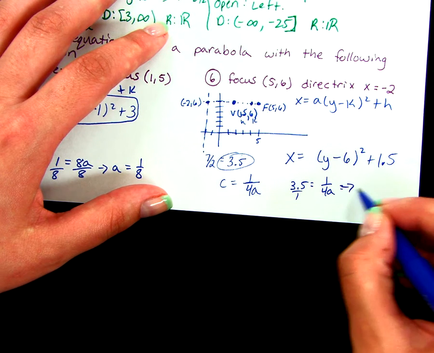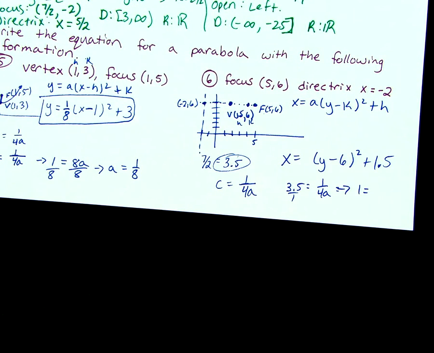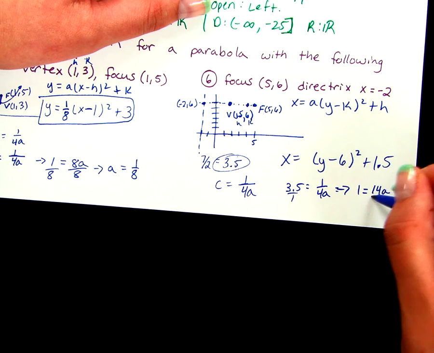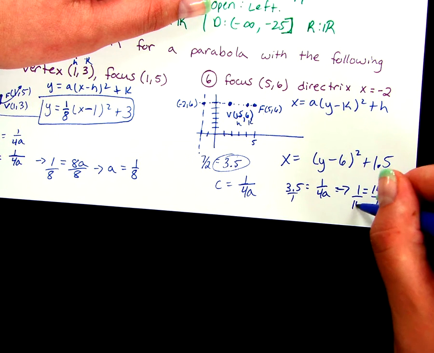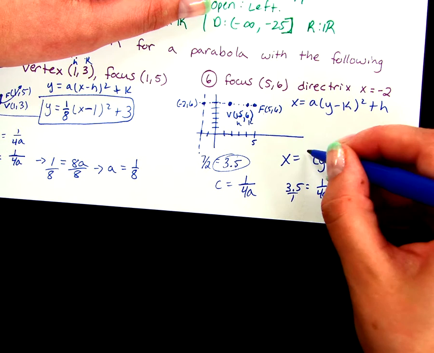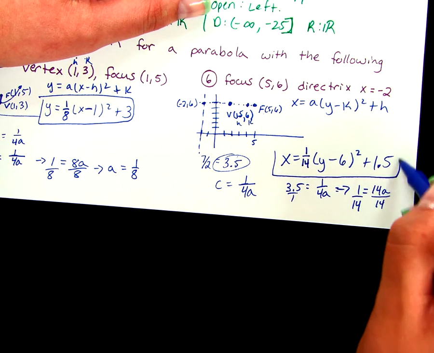So 1 equals 3.5 times 4, which is 14a. Then we divide by 14, so a is equal to 1 over 14, and that's what goes in front. This is our final answer for that equation.